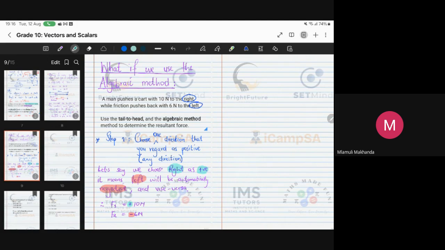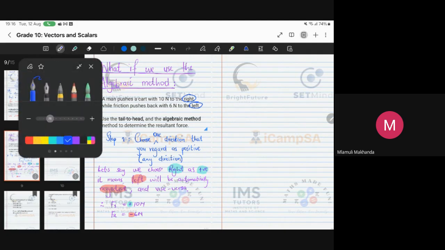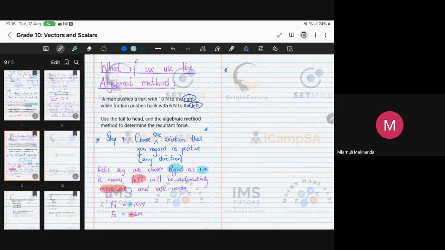So what do you do after? To find the resultant, the graphic method is very short. The algebraic method, step 2. You find the resultant by taking the sum of all the vectors that are involved in the problem, and you include their signs.